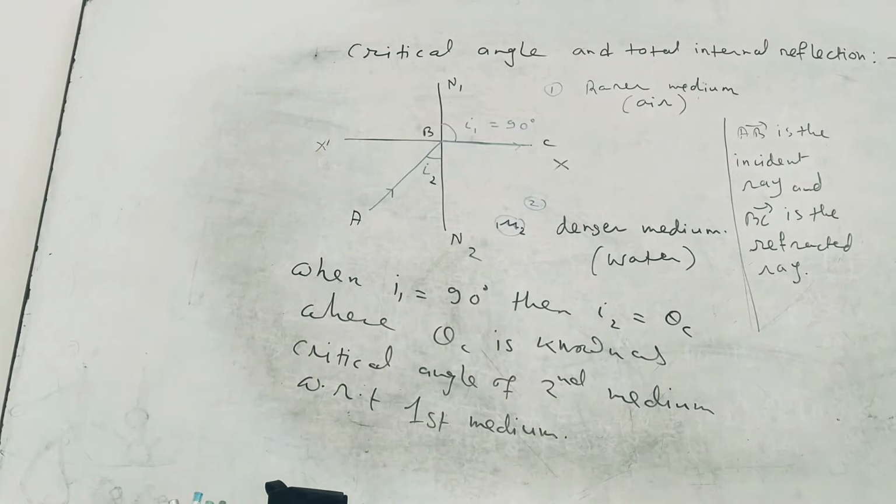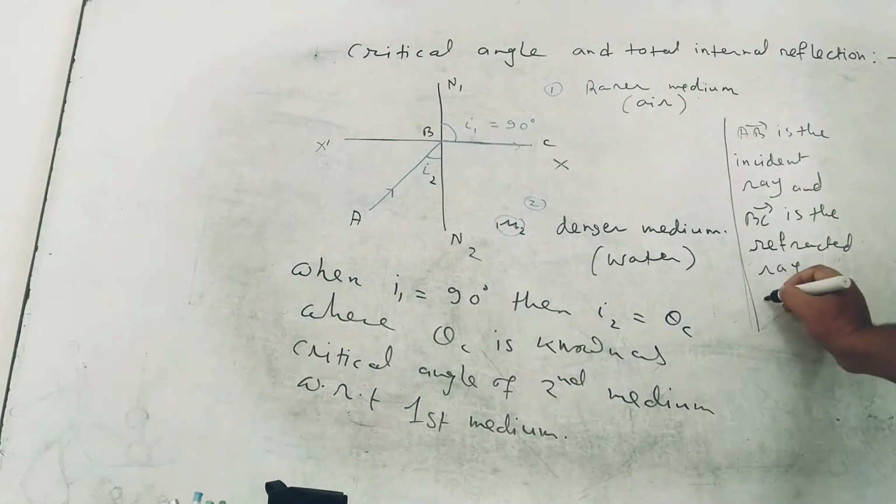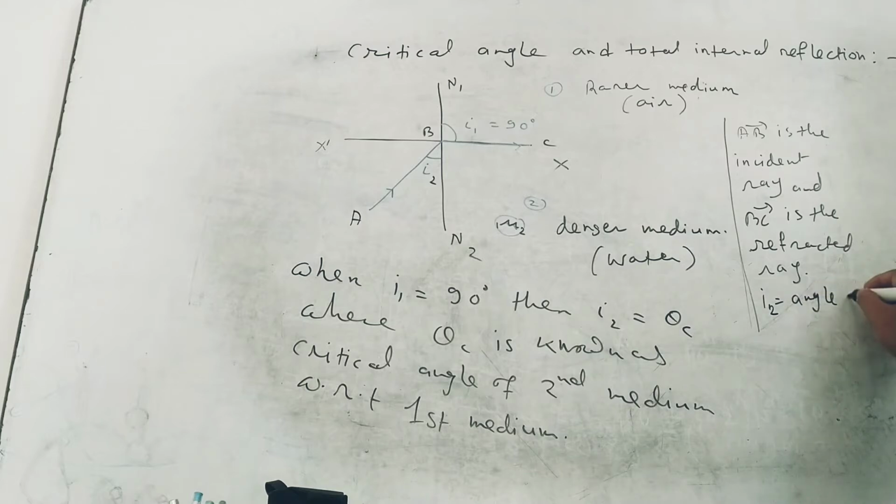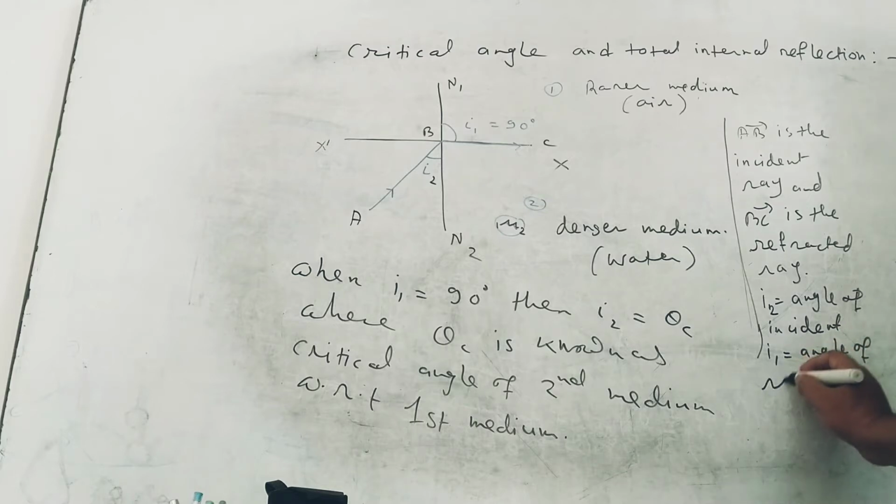I2 is the angle of incidence and I1 is the angle of refraction.